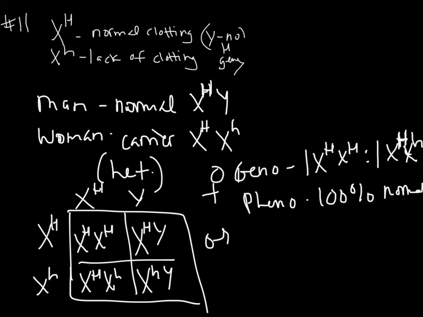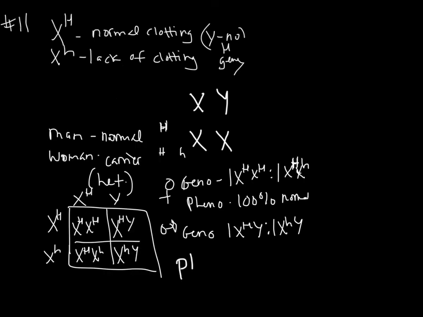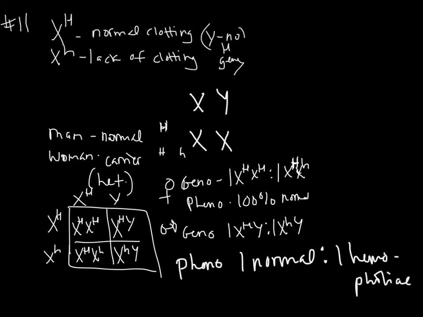If we look at the boys, the probability of the genotypes, we have 1 X big H Y to 1 X little h Y. That means for a phenotypic ratio, we expect 1 normal clotting male for every 1 hemophiliac male. So you can see the girls never inherit hemophilia from this combination of parents, while the boys have a half a chance of inheriting it from that parent.